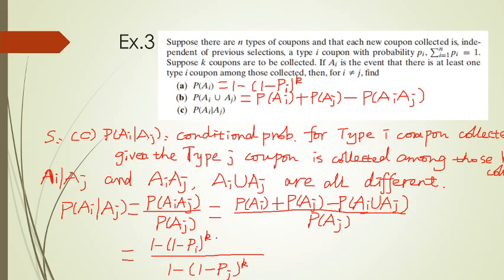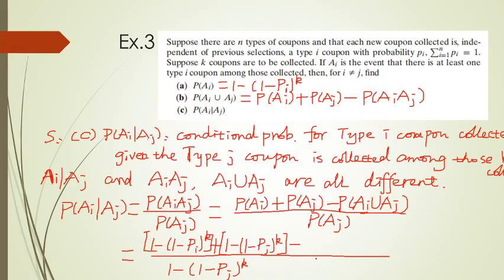That is the probability for event AI, plus 1 minus (1 minus pj) to the exponent k, right? The first part, the second part, and then subtract the union. What is the answer for the union?